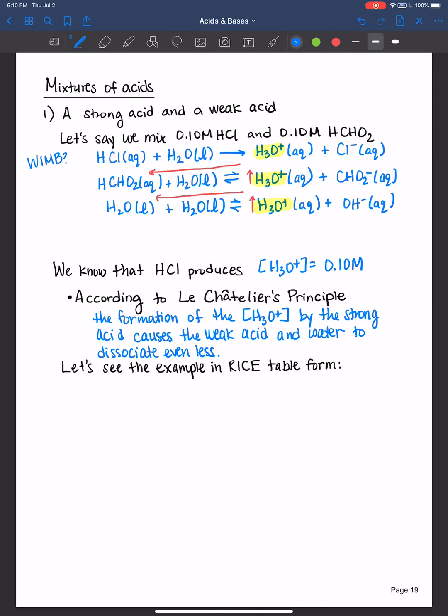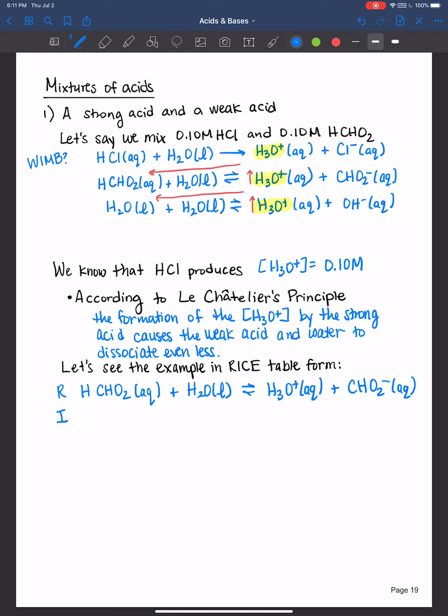Let's prove it to ourselves. All right, so we know that formic acid is in solution. I'm just writing down the equation, the hydronium ion and the formate anion.